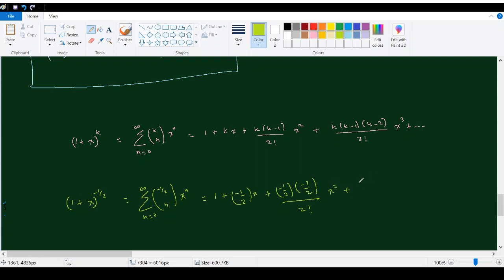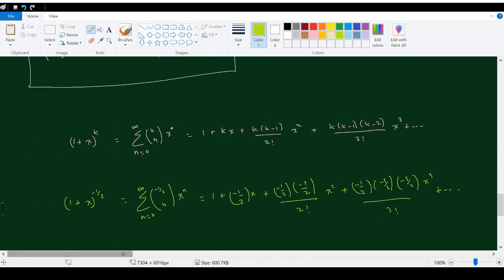And then you will get negative half, negative 3 by 2, and then negative half minus 2 is equal to negative 5 over 2, right? And likewise it will keep on increasing, which will form an infinite summation, right?